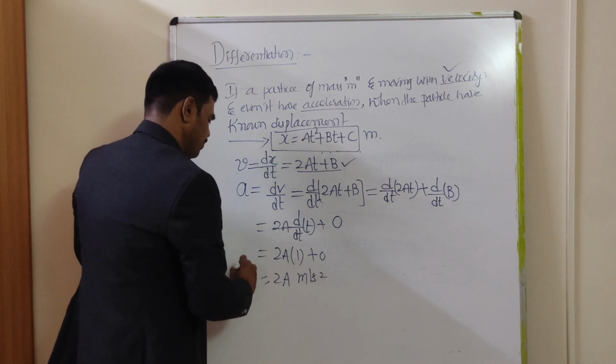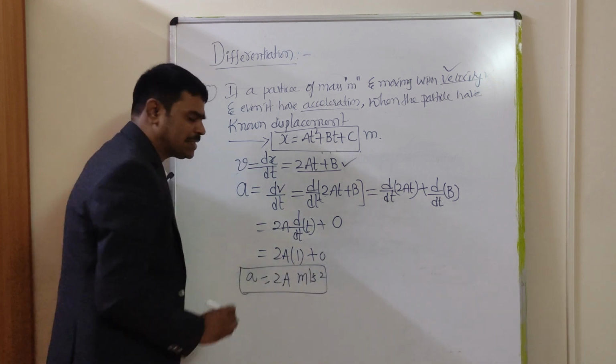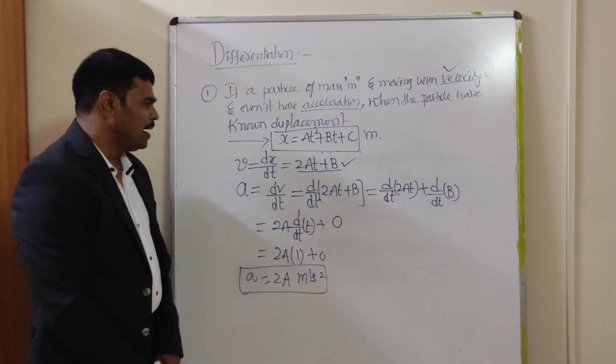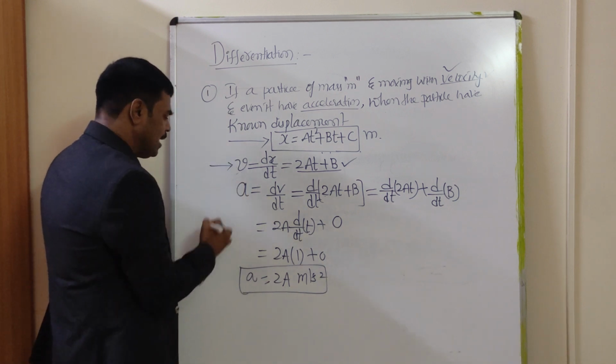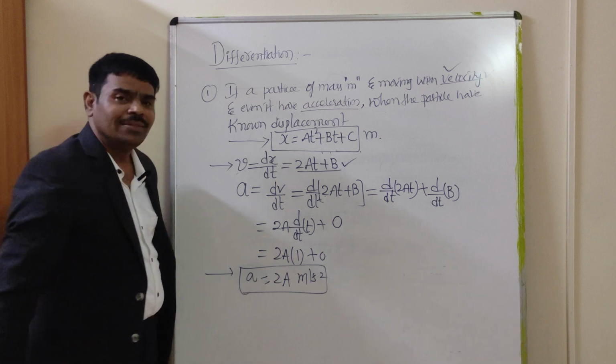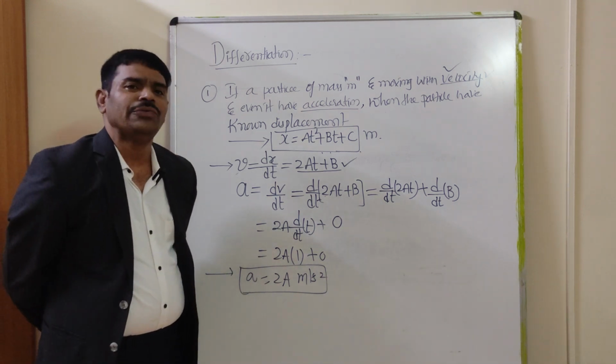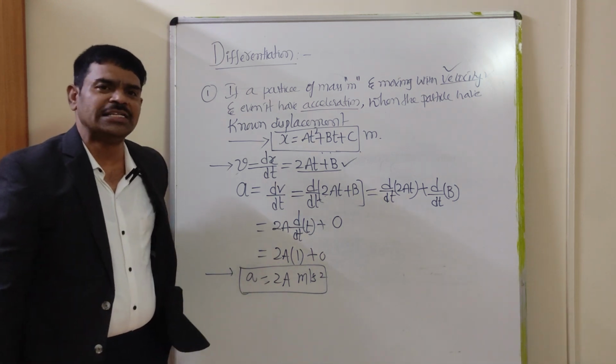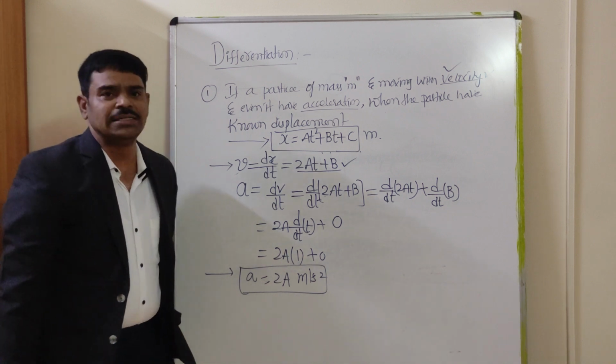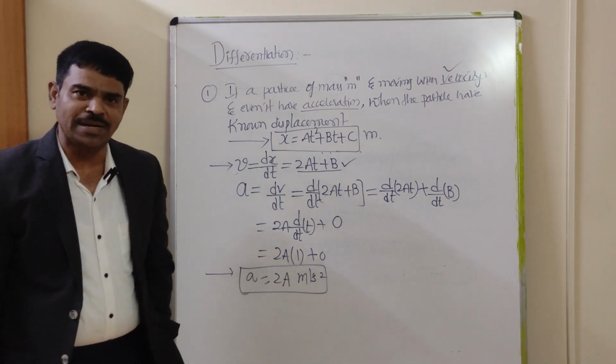A equals 2a. So the acceleration of the body we calculated, and the velocity of the body already calculated. In this manner we are able to use differentiation in a real situation when you know the displacement.